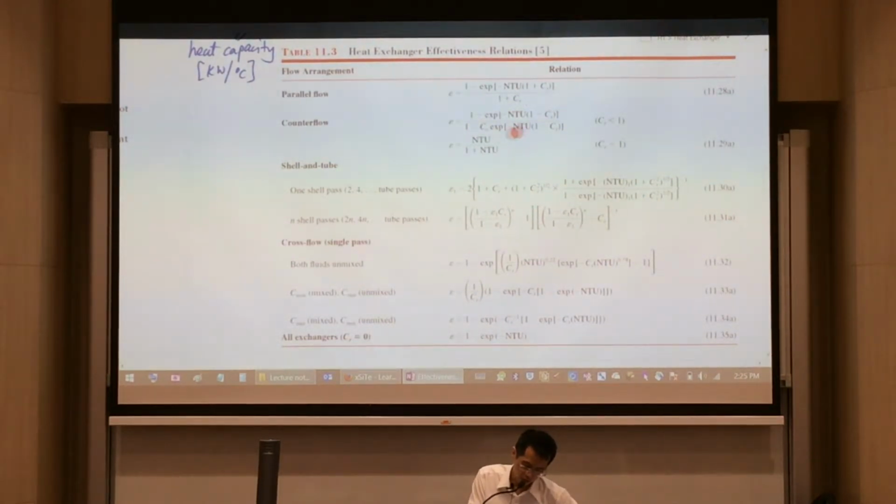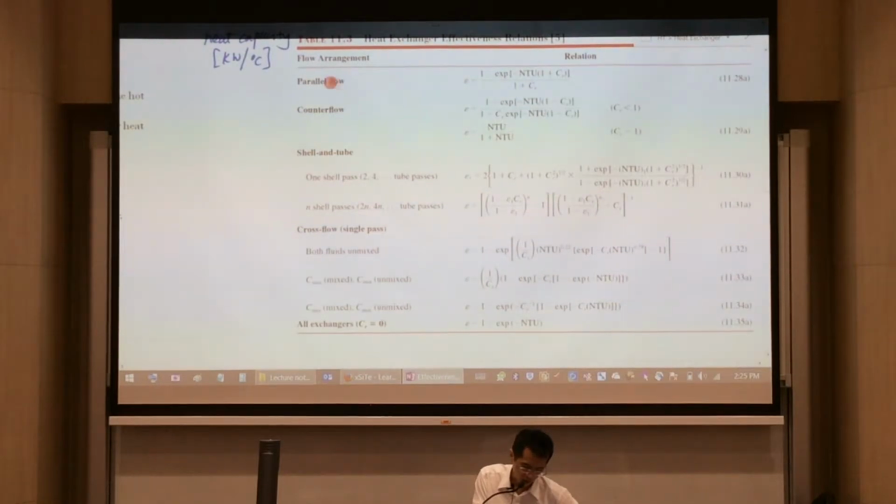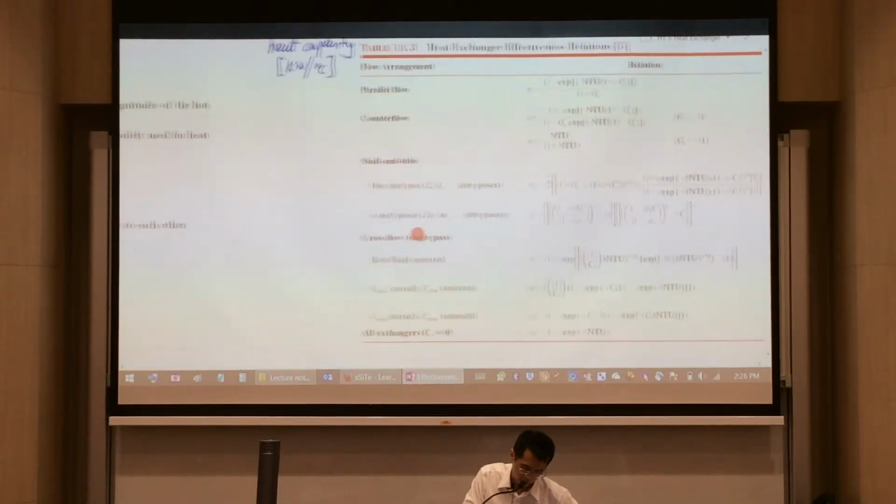So I'm going to touch back on this set of equations later on, but just to briefly introduce to you, there are those parallel flow, counter flow, shell and tube, one shell pass, n shell passes, cross flow, all heat exchanger. There are just so many different configurations with different sets of epsilon and NTU relationship. There's just C, capital CR that I haven't introduced yet shortly. So I'm going to come back to this table again.